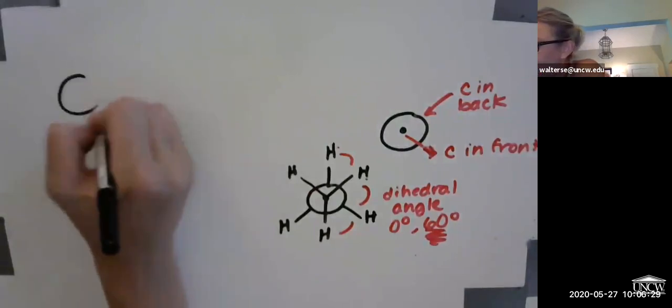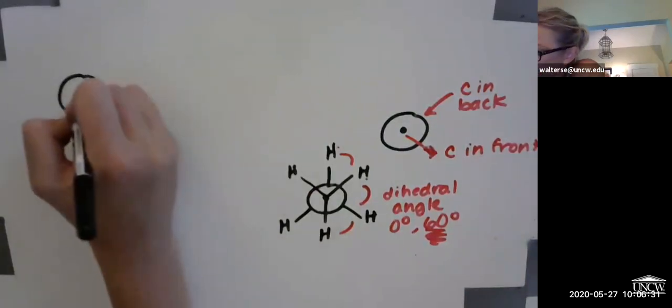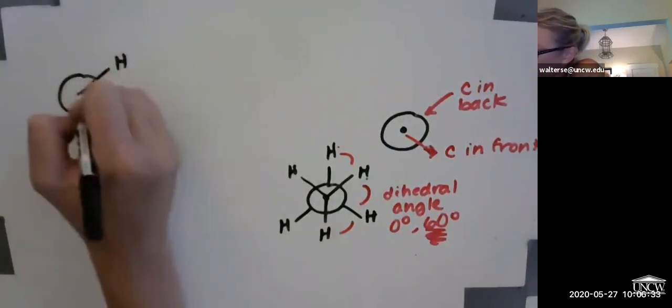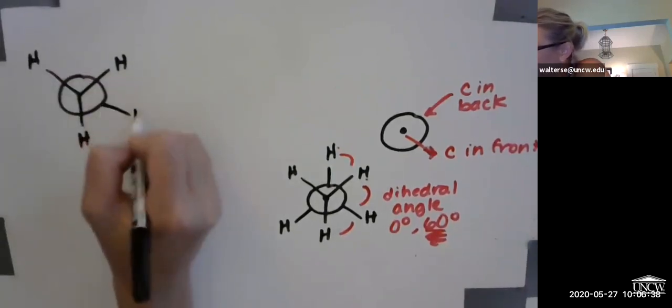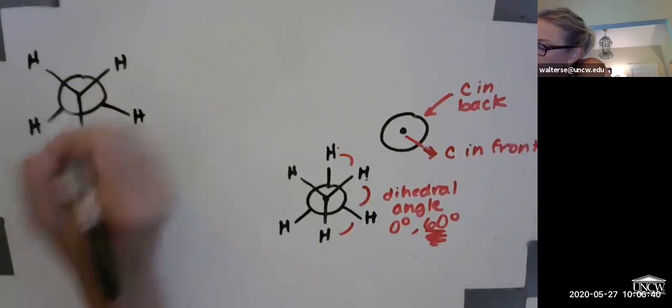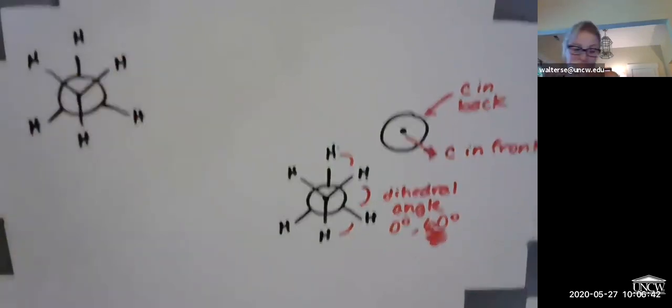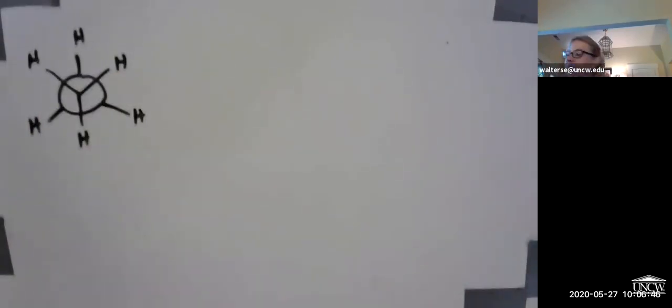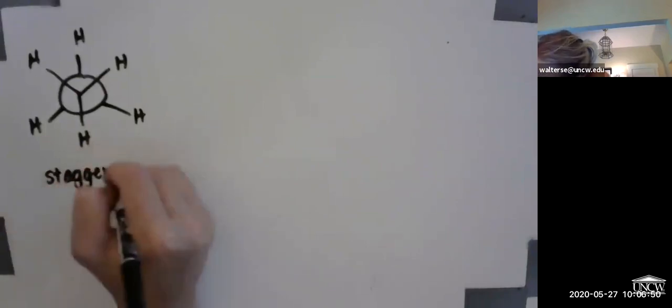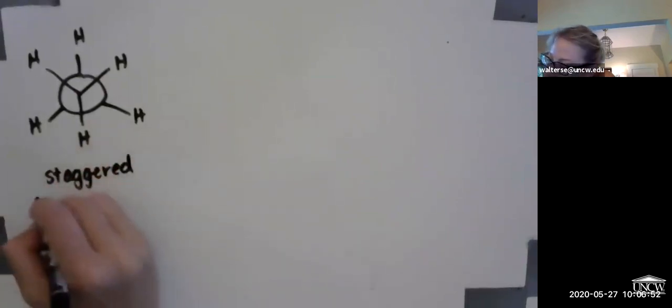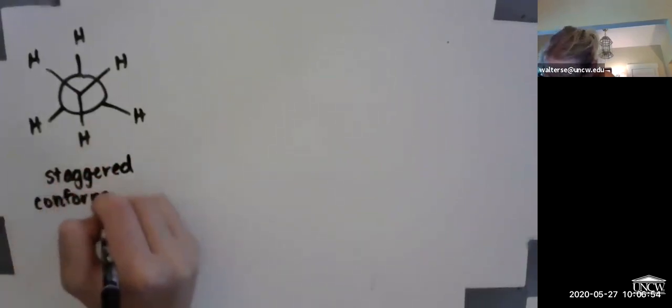Okay, so those are my two options. So here's one of the Newman projections. This is called staggered. And it's called a conformation. So a staggered conformation.